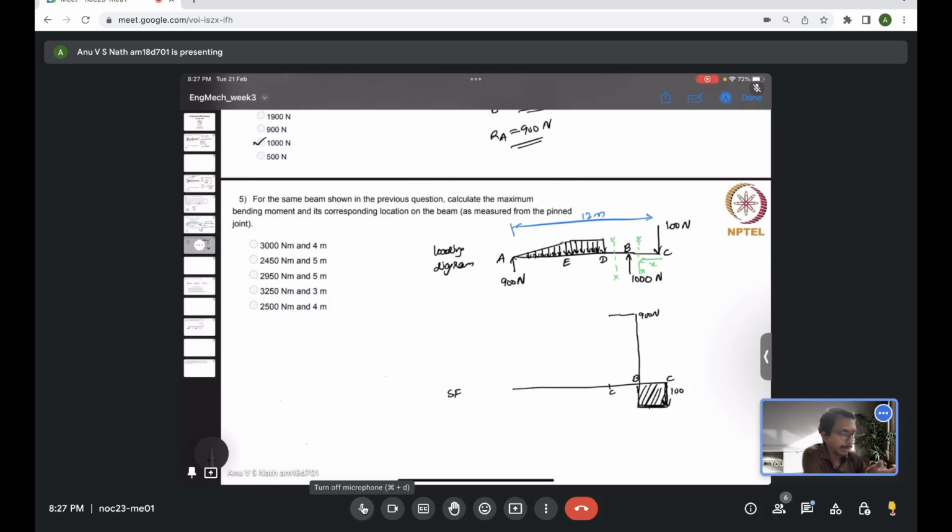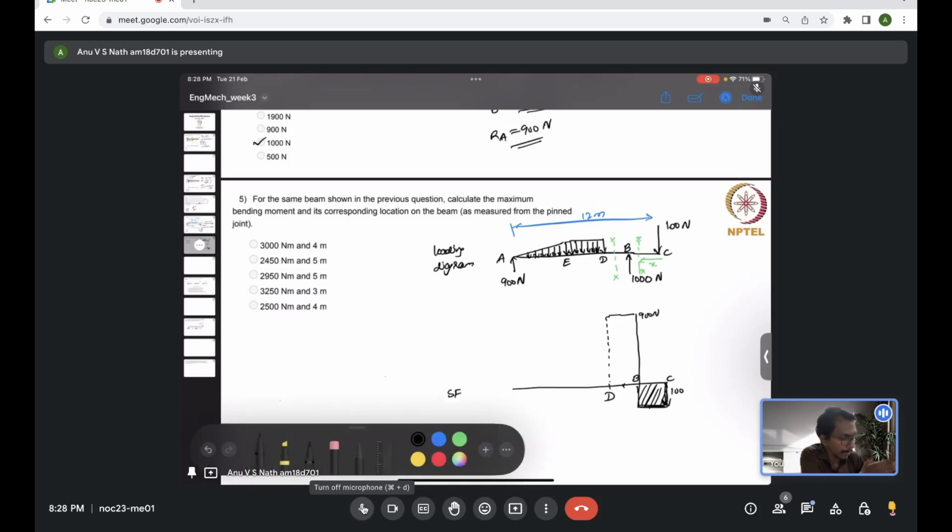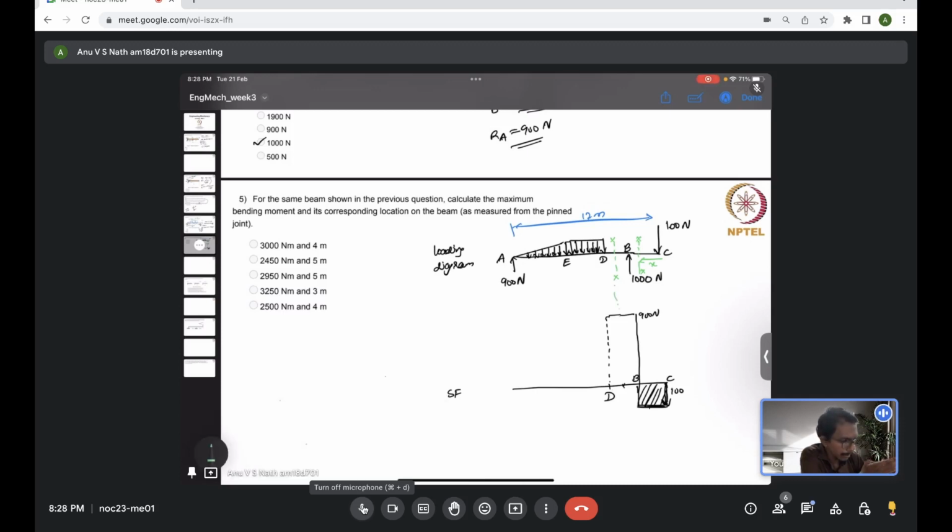Now take any point between D and B. In the loading diagram you can see a section XX is plotted between D and B. Think of any point between D and B, some point here, and you want to see what the corresponding shear force is at this location.